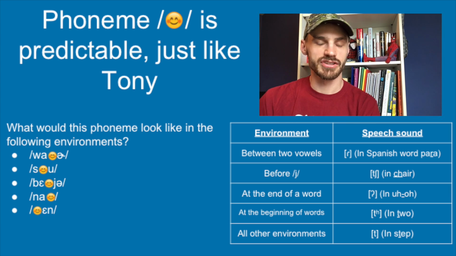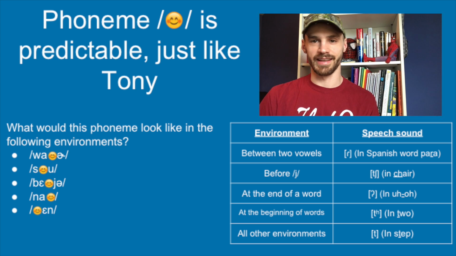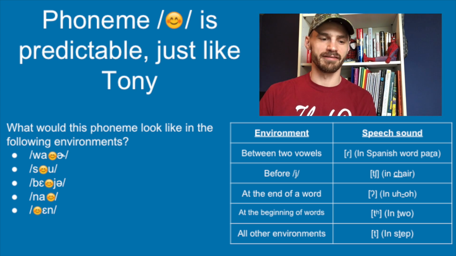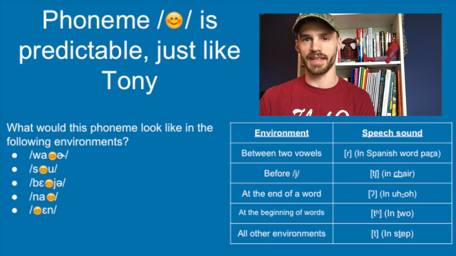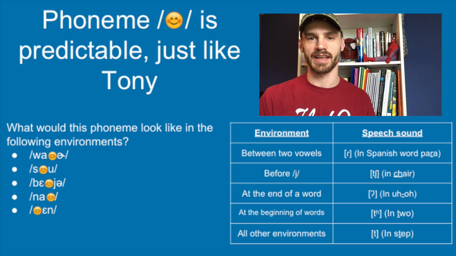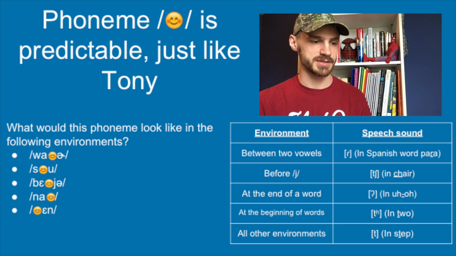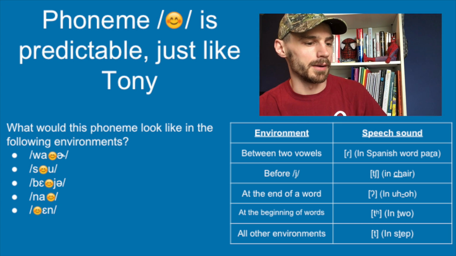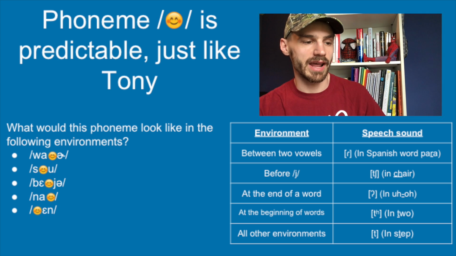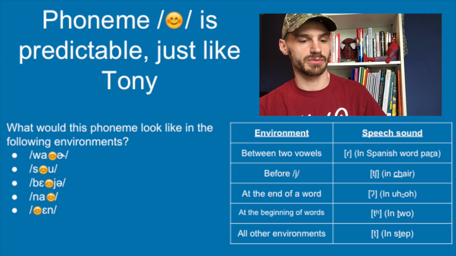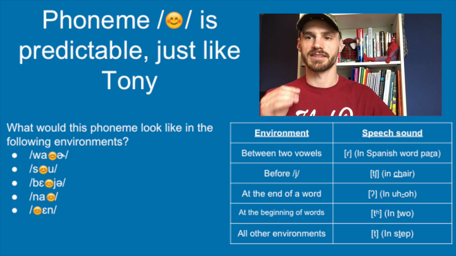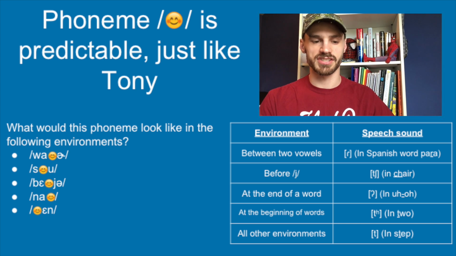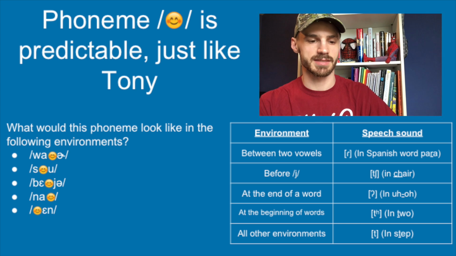No, it's not that. So the only environment we're left with is the catch-all, all other environments, or the elsewhere environment. And you're going to notice that there's almost always an environment like this when we're describing phonemes. So we would have to conclude that this phoneme, in this exact instance, is pronounced d, almost the same way that a T is pronounced in Spanish.